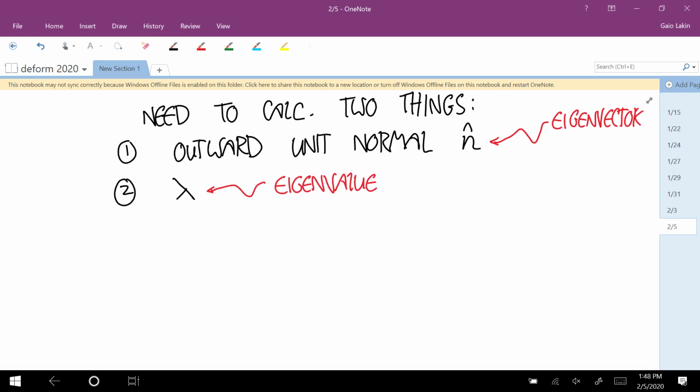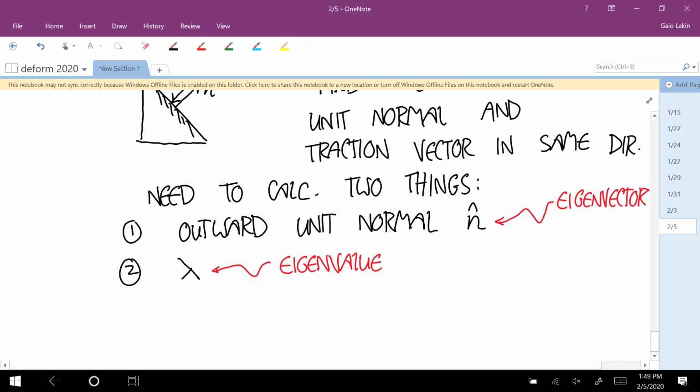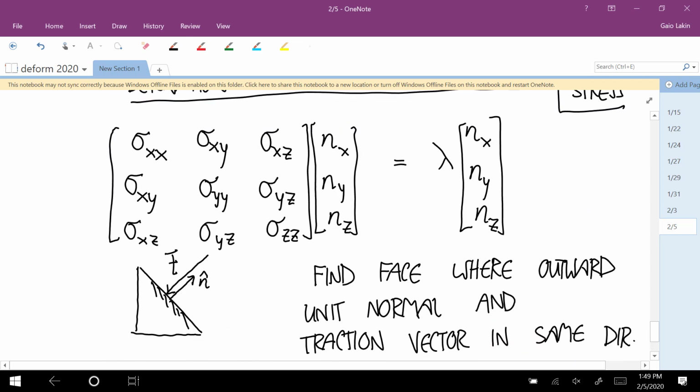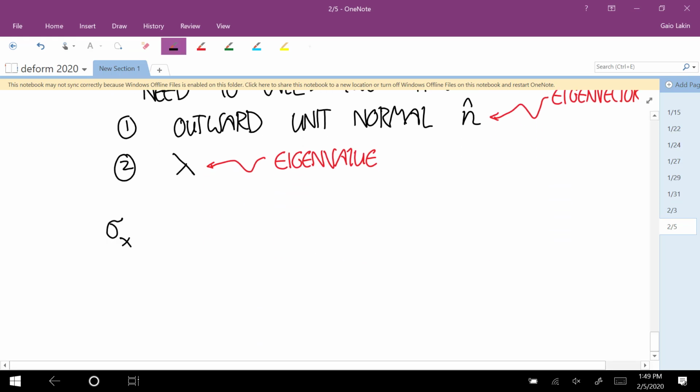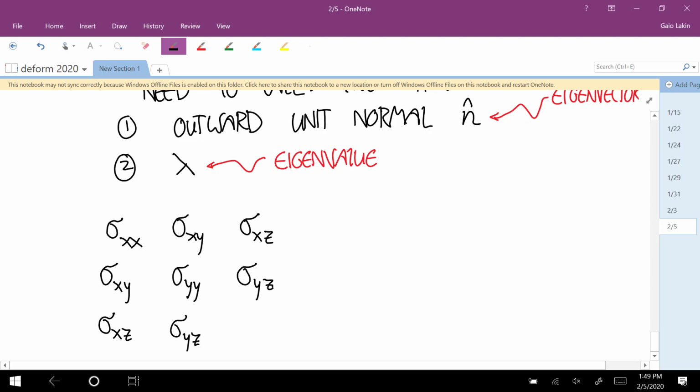So this equation, we have it up here. And I'm going to rewrite that, so write out these elements again, and multiply it by the outward unit normal again, nx, ny, and nz.